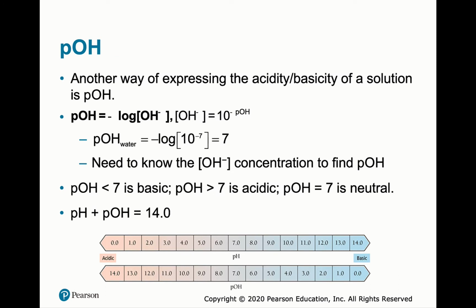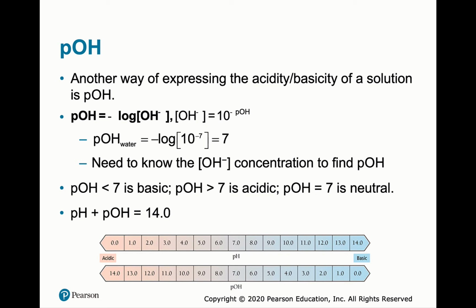pOH is just like pH, but it's the minus log of the hydroxide ion concentration. And the pH plus the pOH also equals 14. This is the same thing with the Kw, because hydroxide times hydrogen ion concentration equals Kw. So then you take the minus log of both sides.